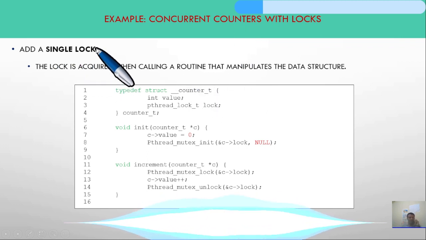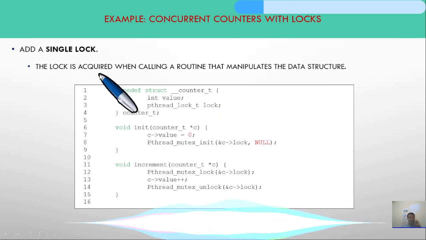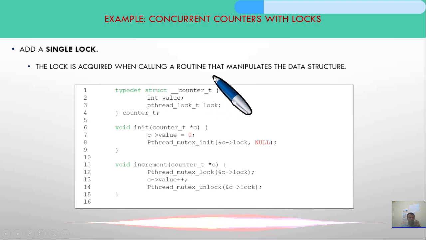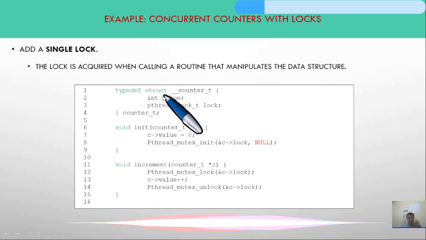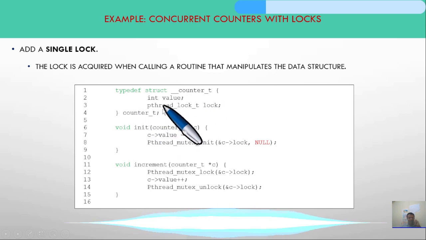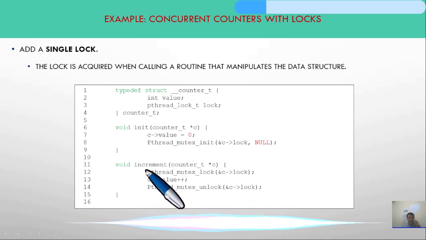So the concurrent counters with locks use a single lock. The lock is acquired when calling a routine that manipulates the data structure. So what is the difference? If you see here, we have the counter_t with int value, then the pthread_mutex_t lock, so we have one lock here.